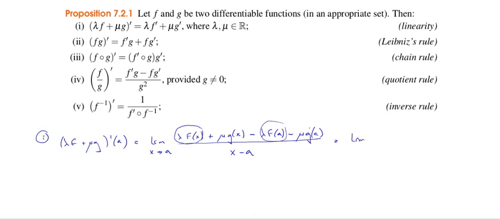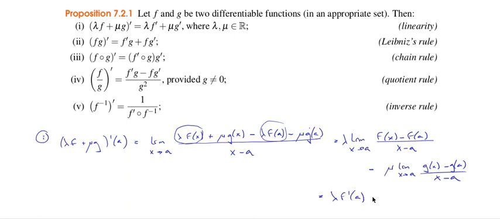So then we have the limit when x goes to a of f(x) minus f(a), and we have a common factor lambda, we can take it out, divided by x minus a, and then the same thing, plus mu times the limit when x goes to a of g(x) minus g(a) divided by x minus a, right? Now this first limit is the derivative of f at a, and the second limit is the derivative of g at a, right?